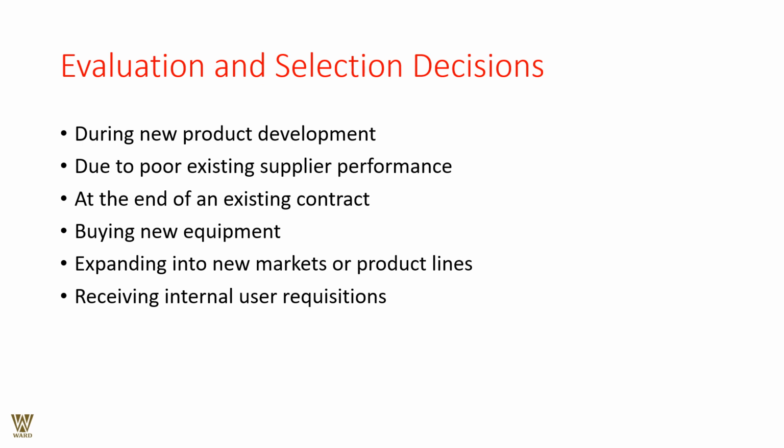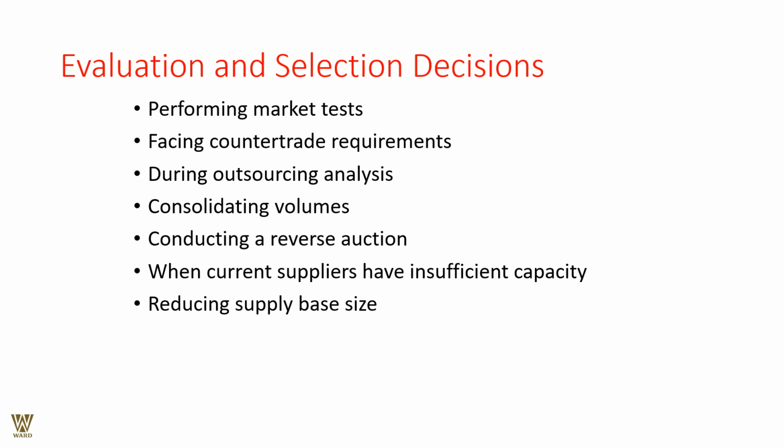Or at the very end of the existing contract, either the supplier wants to exit or you want to exit, or both of you want to continue but on different terms and conditions. These are things you need to understand for selection of suppliers, as well as buying new equipment, expanding into a new market or product line, and receiving internal user acquisition as and when required.